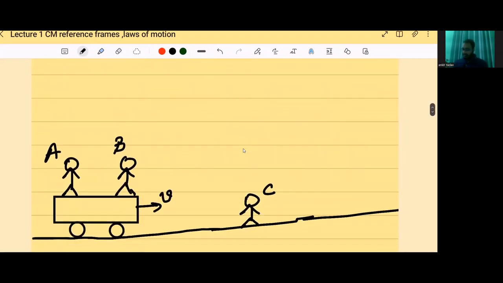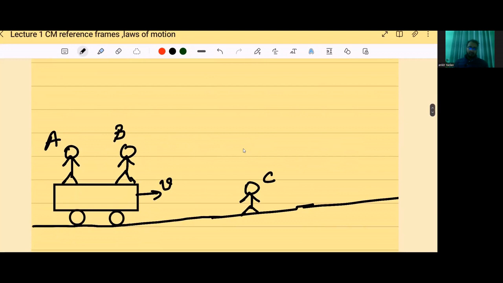Let's see an example here. This one: boy A, boy B, and boy C. A and B are standing on a moving vehicle. It is going at a velocity v, constant velocity or any. So according to B, is A at rest or in motion?